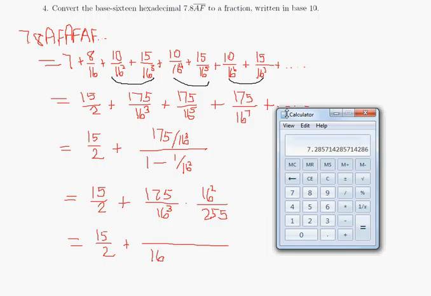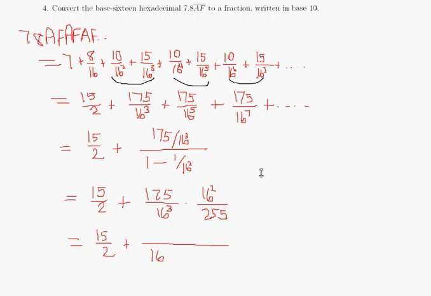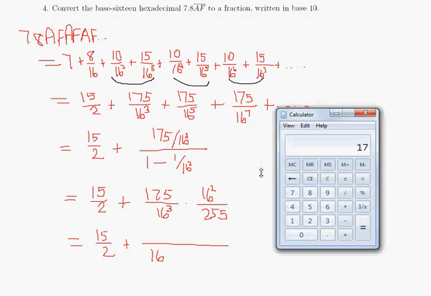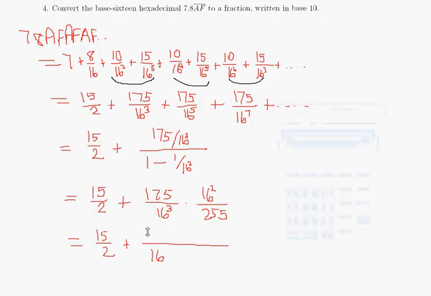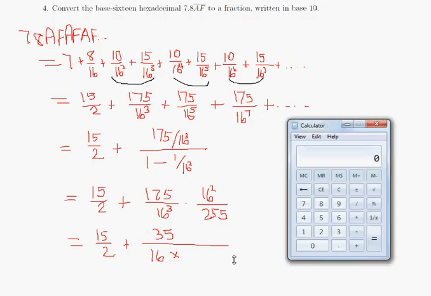Whoops, I guess not. 255 divided by 5 is 51, and 17. I'm sorry, that's as simple as it gets. So canceling out 5 in both the top and the bottom, 175 over 5 is 35, times, and then on the bottom, 255 divided by 5 is 51.